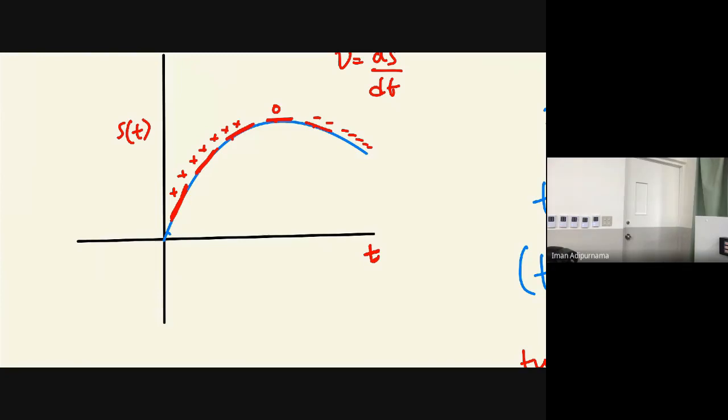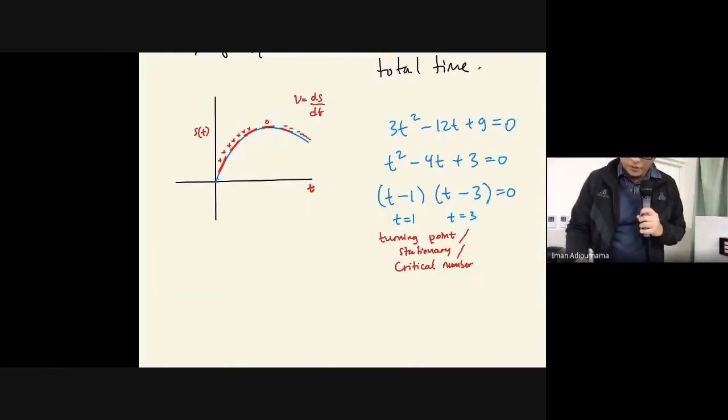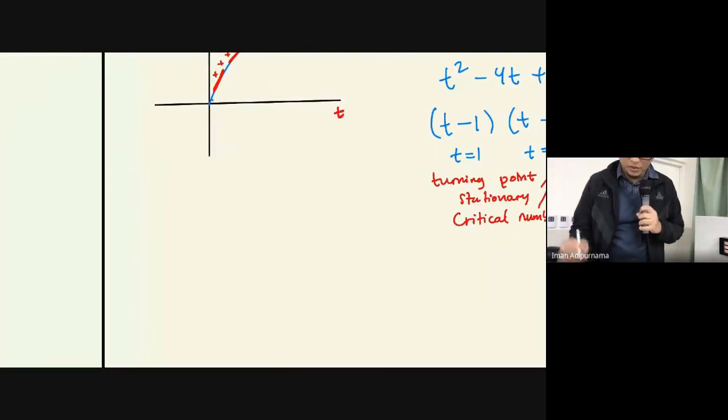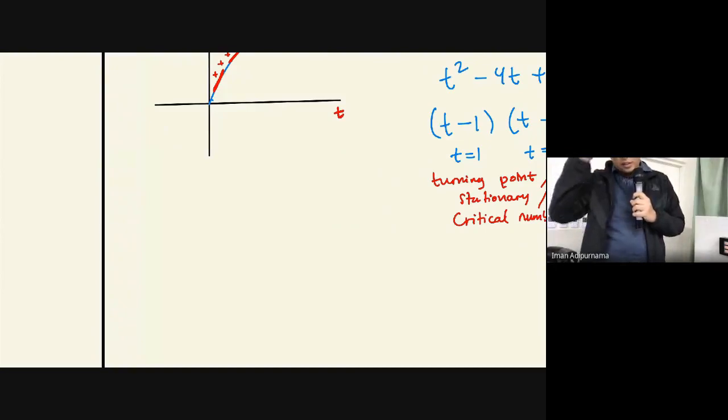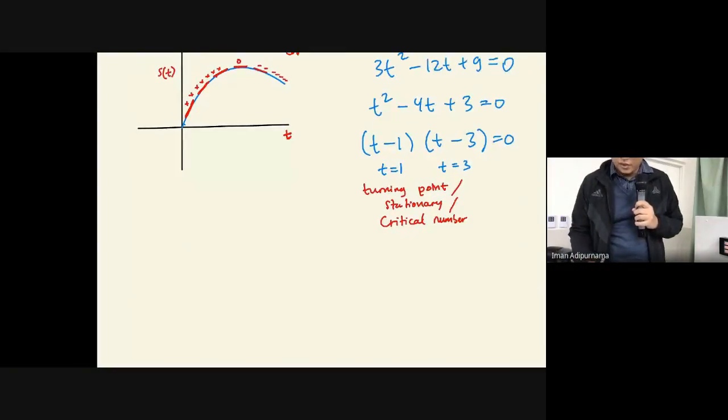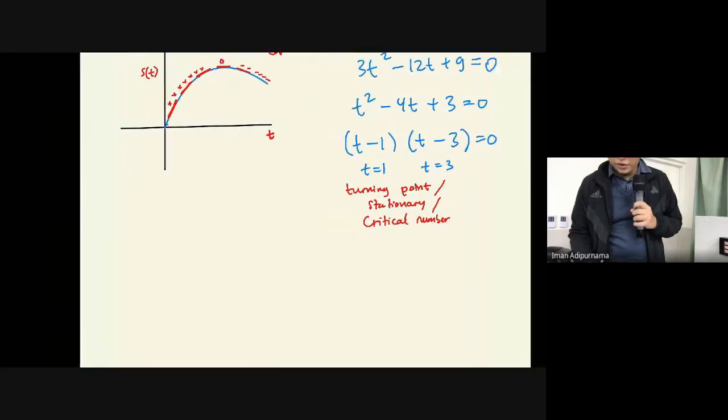And then after t equals 3, he's going forward again. So t equals 1, t equals 3.